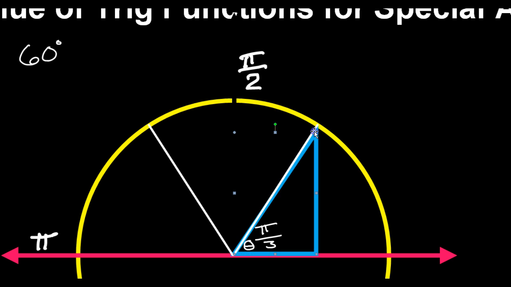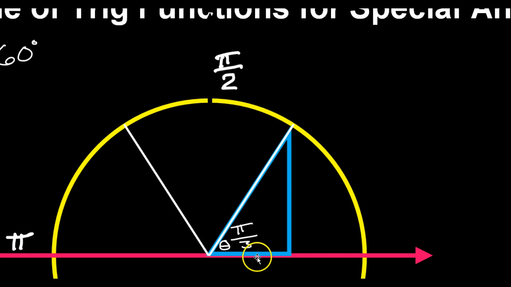Okay, so if we make the triangle out of it, the thing is, remember that this is 60 degrees, right? So this is like 30 degrees. So once again, we have a 30, 60, 90 triangle. The hypotenuse, of course, is still 1 because it's the radius of a unit circle.